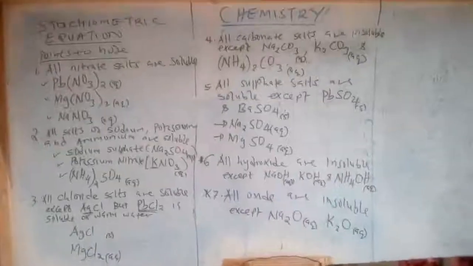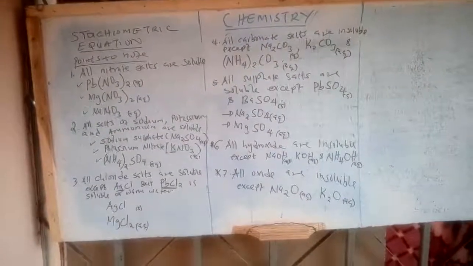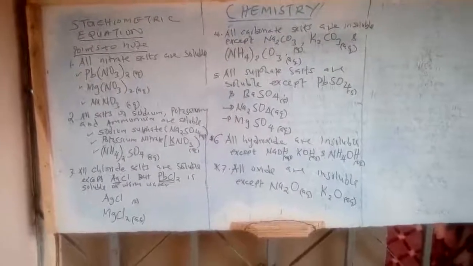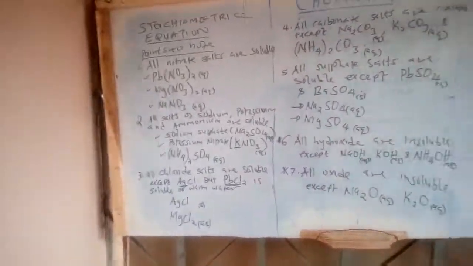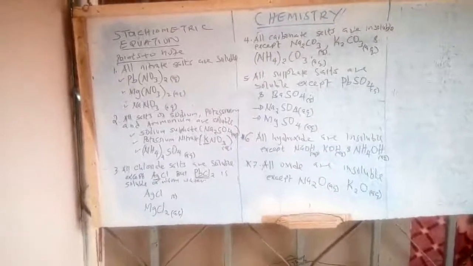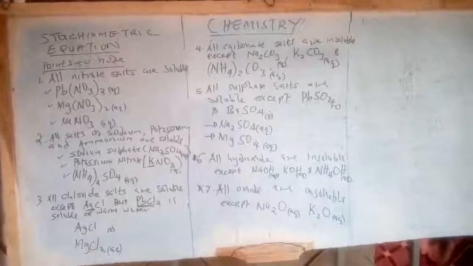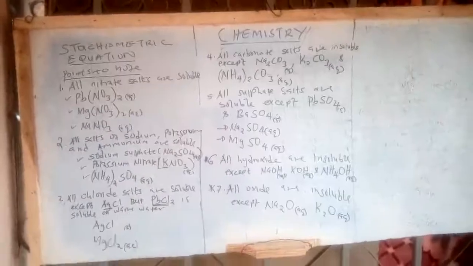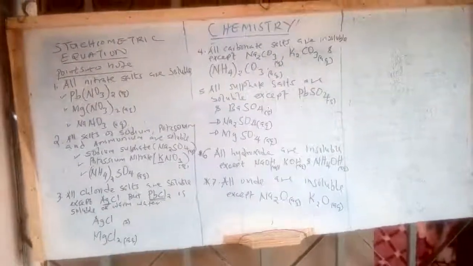Having written all these points is very, very important in this topic, because they will be guiding you, especially when we come to the next subtopic, that is ionic equation. This information will guide you on which part of the compound will dissociate when placed in water.